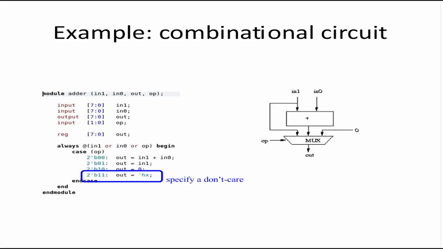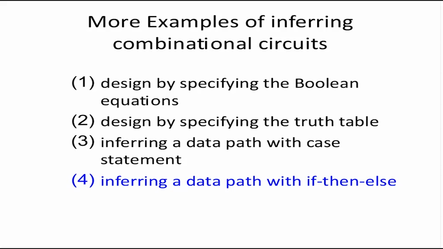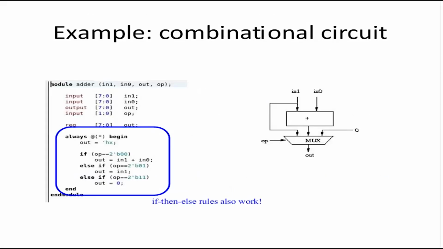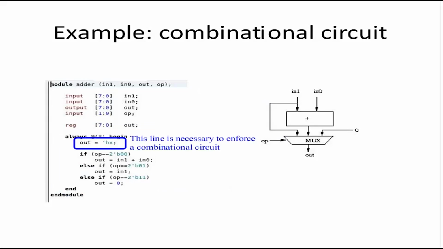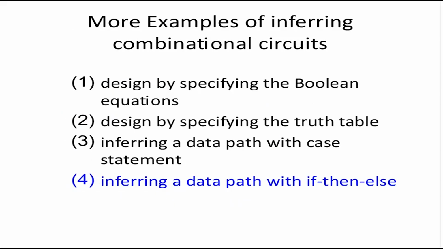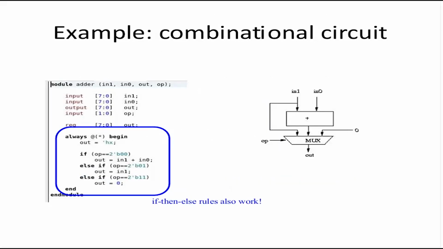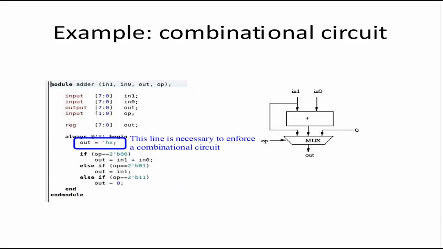We could also use an if statement: if op is equal to 2'b00, out. Again, this is exactly the same as the previous case statement, but one important thing is that in the first line we have specified out to be 1'bx.